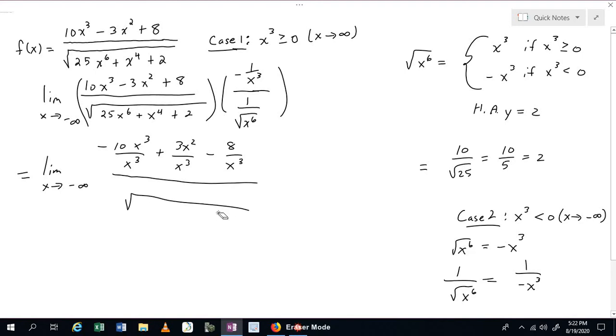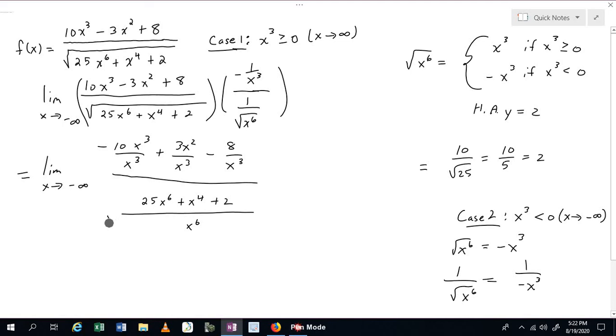And then on the bottom, again, we get this square root, all divided by the square root of x to the sixth. But like I said before, you can write this under one big square root. So I'm going to write it like this instead.